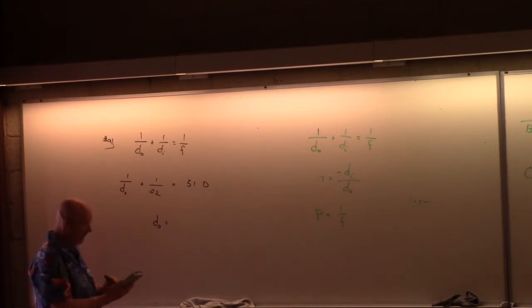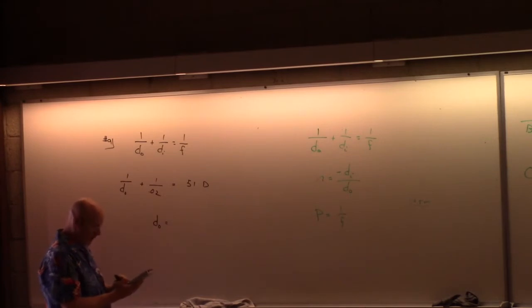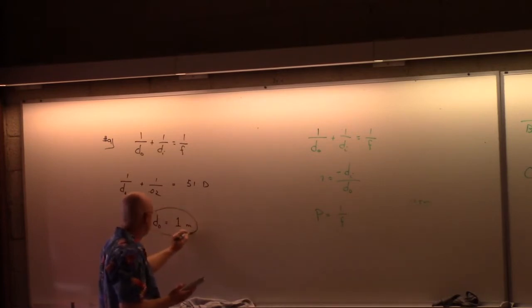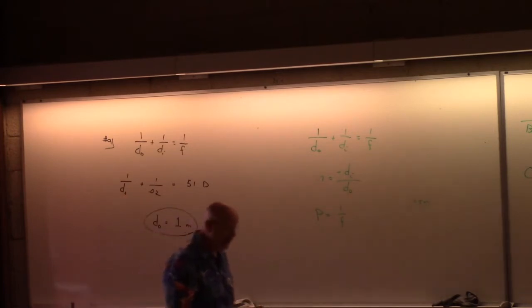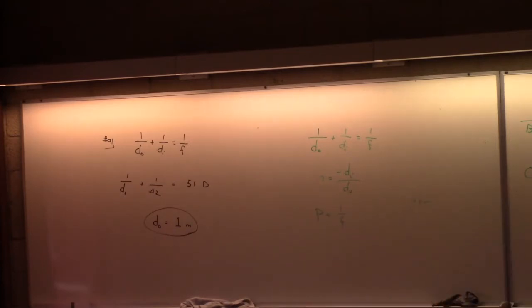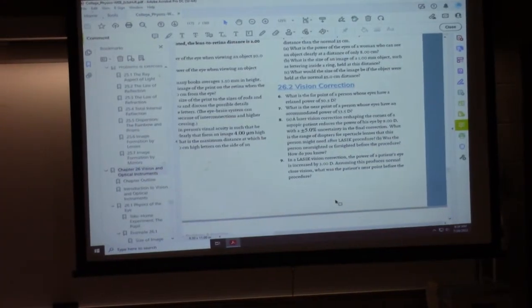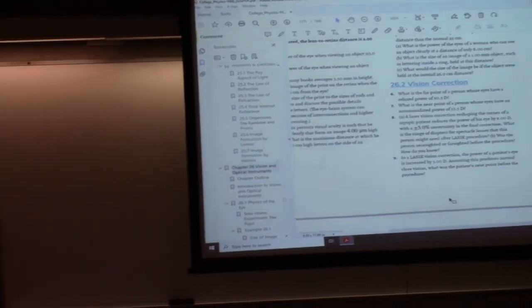So I will take the 51, then subtract the 1 divided by 0.05, and I get a, oh, I got to take the reciprocal, sorry. And so I get 1 meter. So this far-sighted person had a near point of 1 meter. Anything that was 1 meter or beyond, they were fine before the surgery, but they couldn't see things closer than that. They needed glasses, and presumably now that they've had their surgery, they can see fine there.